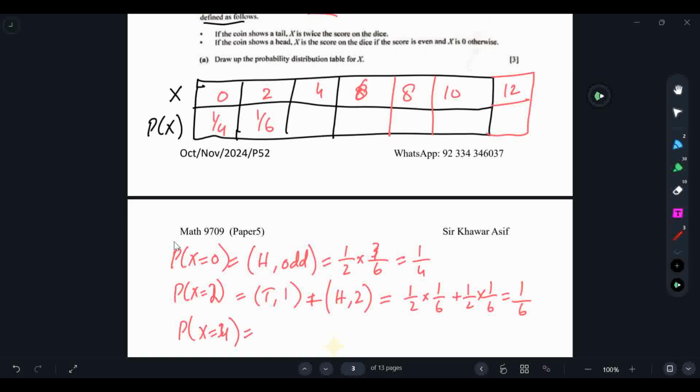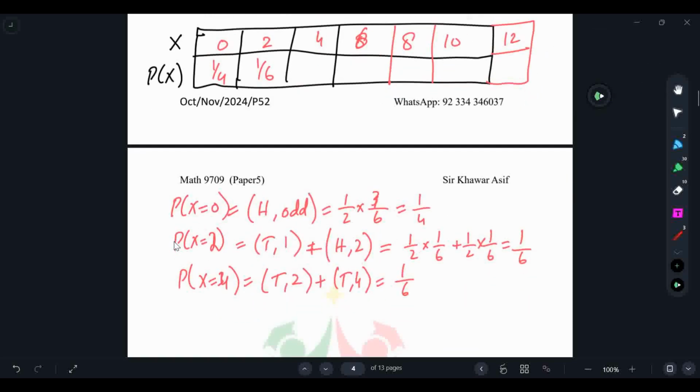Now probability of x equal to 4. For x equal to 4, we can have one tail and 2, plus one head and 4. Now this will be a repetition of the previous one, so this will be 1 by 6 again. For the next one, this will be 1 by 6 again.